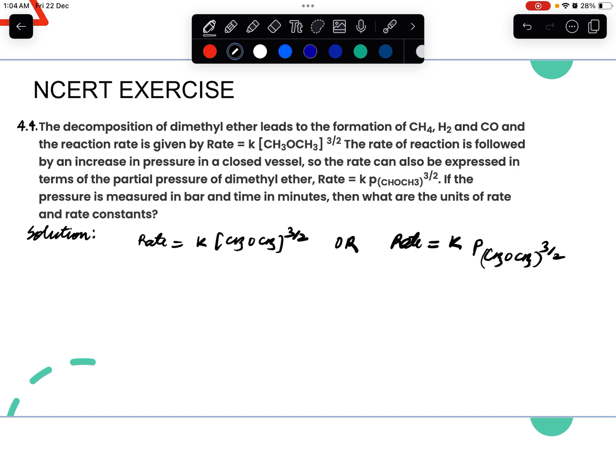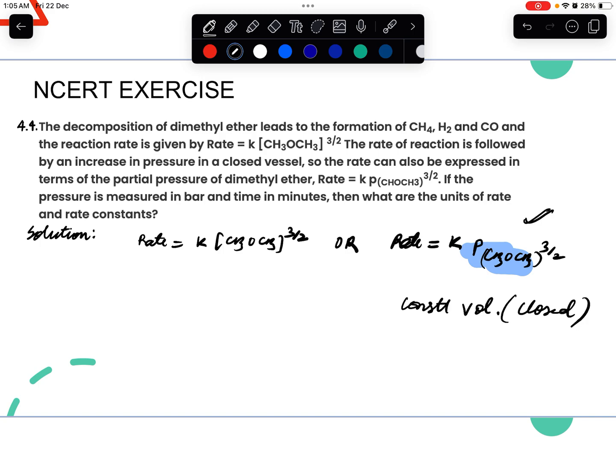We can express the rate in terms of partial pressure in the case of gases if the reaction is done at constant volume, and here we are working in a closed vessel. So we will use this expression for this reaction.